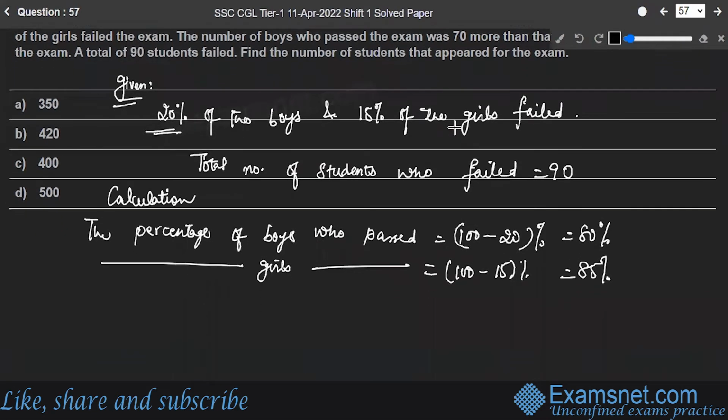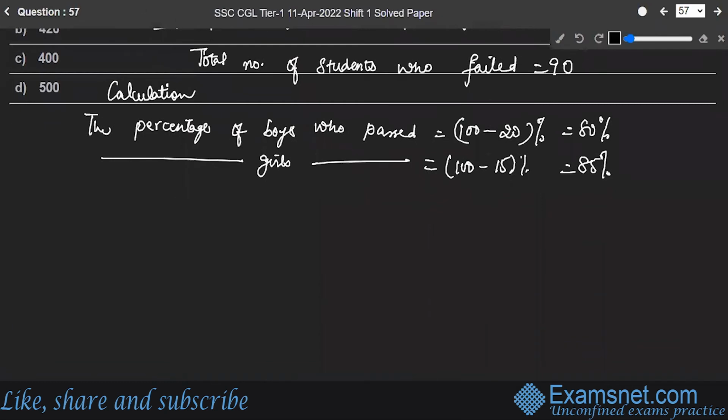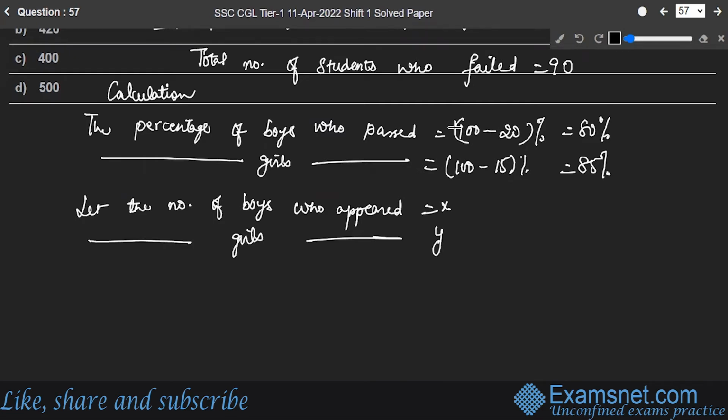Now let the number of boys who appeared be X, and for girls be Y. I hope you're clear till here.